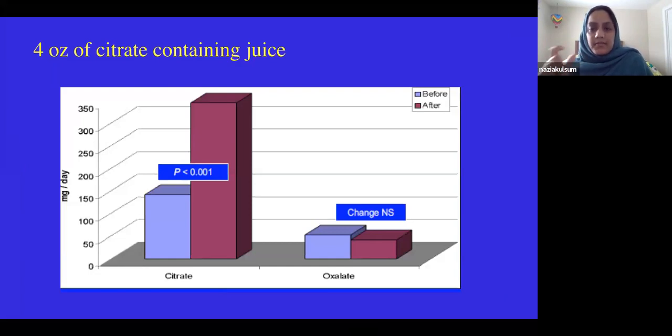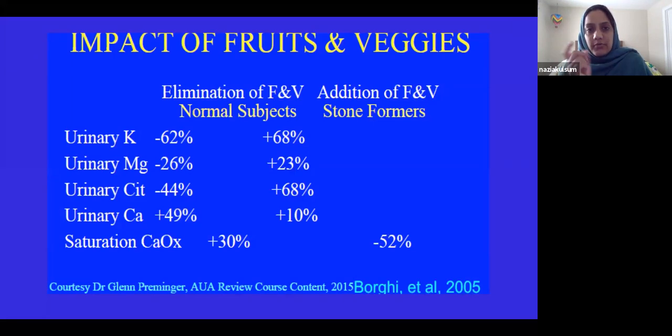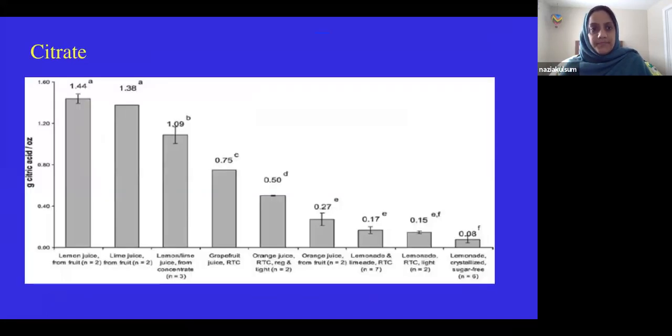Citrate, we recommend 4 ounces of citrate containing juices. It reduces your kidney stone formation by more than 80%. So this is something that's very essential. And then, of course, fresh fruits and vegetables. The higher your urinary content of potassium and citrate, the lower the risk for stone formation.